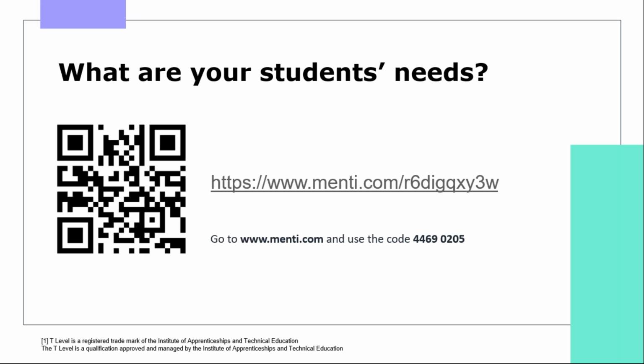So please tell us what your equality and diversity needs of your students are. Please also let us know if you're having problems with that link or that code, so that we can action it if need be. So what are the E&D needs of your students, please?